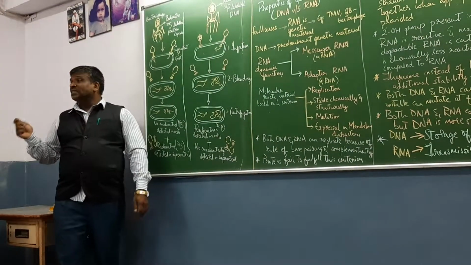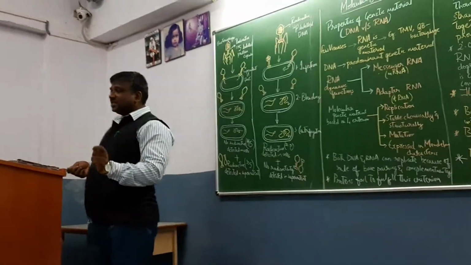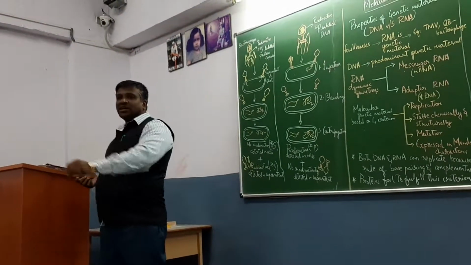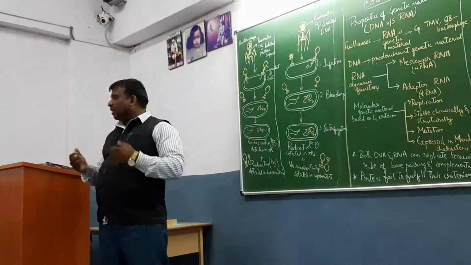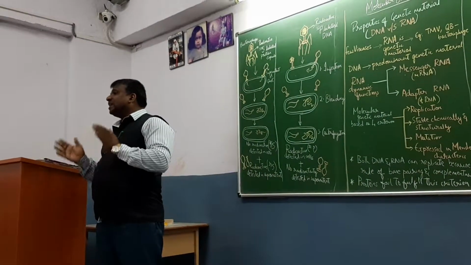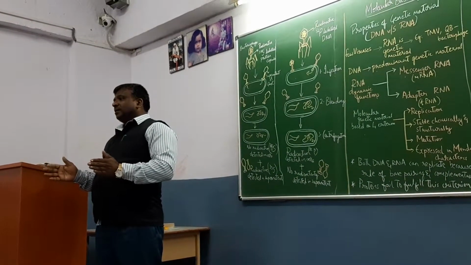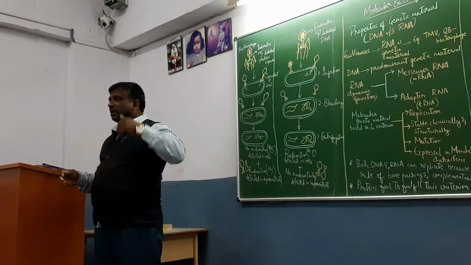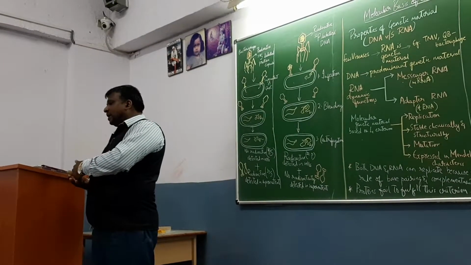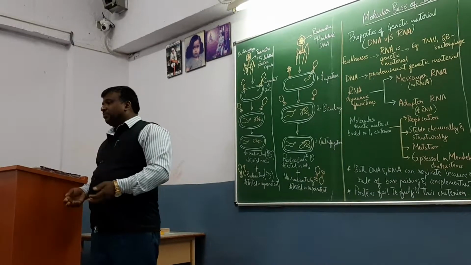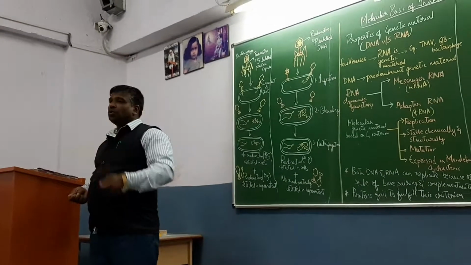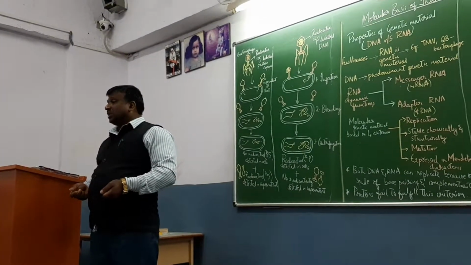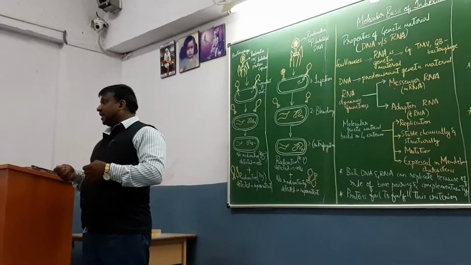cells. What does it indicate? DNA, since it is the genetic material, has entered into the bacteria. So now you can understand that DNA is a genetic material. If it was not a genetic material, it would not have entered inside the bacteria and destroyed the bacterial DNA and taken control of the protein synthetic machinery so that they can synthesize their own copies.